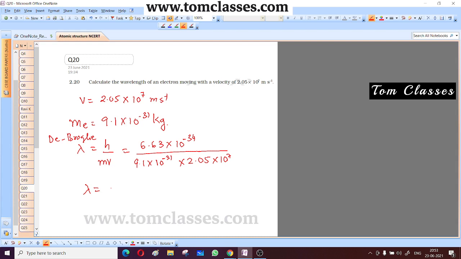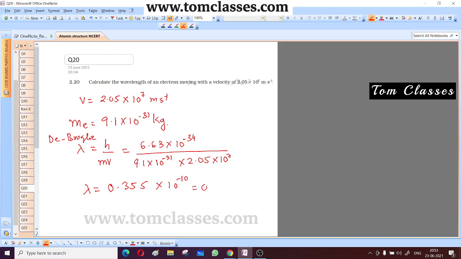6.63 divided by 9.1 is 0.72, divided by 2.05. It is coming 0.355, right? Into 10 to the power minus 34 plus 31, so it will become 10^-3, and with 10^7 it will become 10^-10.